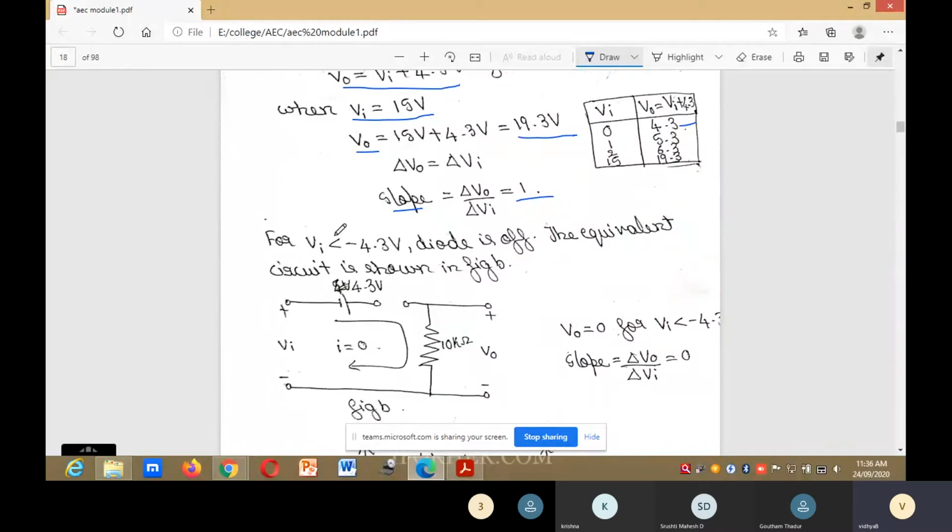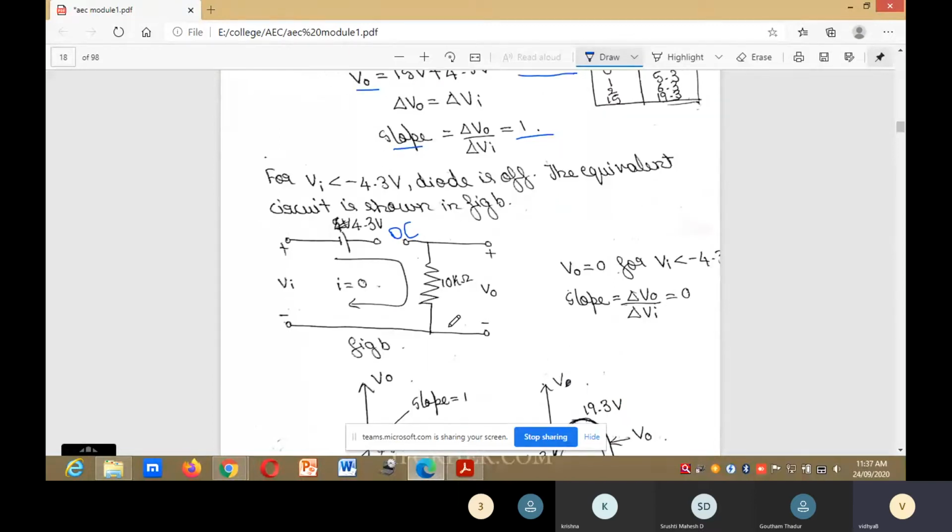When Vi is less than minus 4.3, the diode will be off, that means the diode is reverse biased. Reverse biased means the diode will be open circuit. This is the equivalent circuit.